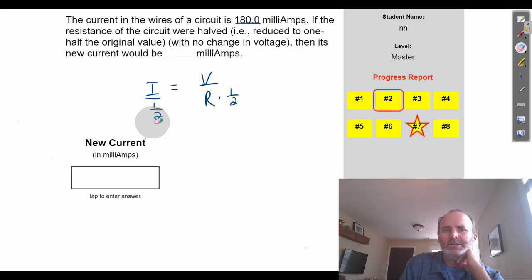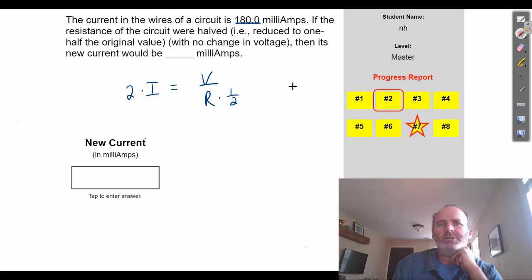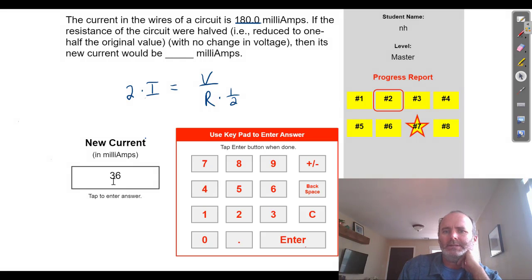Whenever you divide by a fraction, you just multiply by the reciprocal. So dividing by 1/2 is multiplying by 2. There's no change in the voltage, so 180 times 2 is 360.